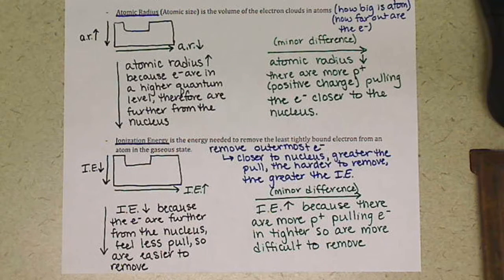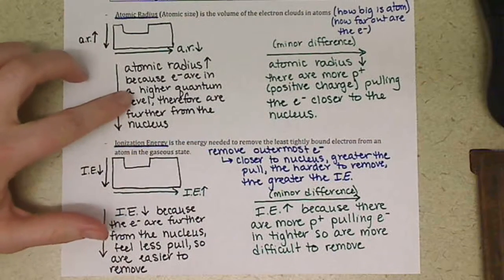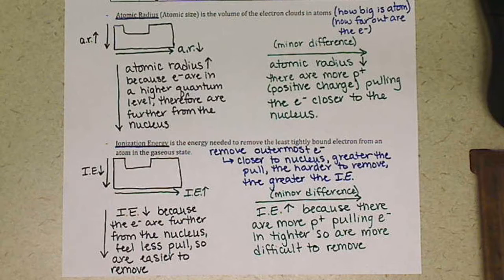Can you say whether there are more or fewer protons pulling in our electrons, or not pulling them in as tight? Can you understand and apply this concept at the quantum level for how far away the electrons are?